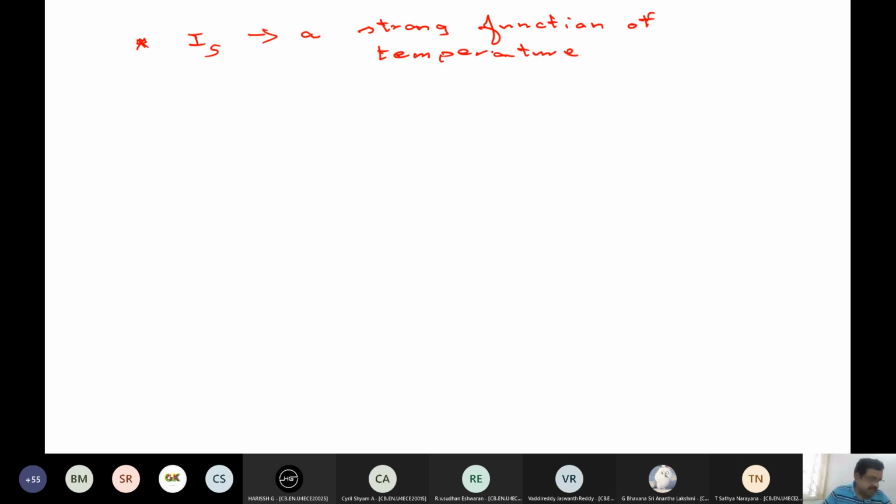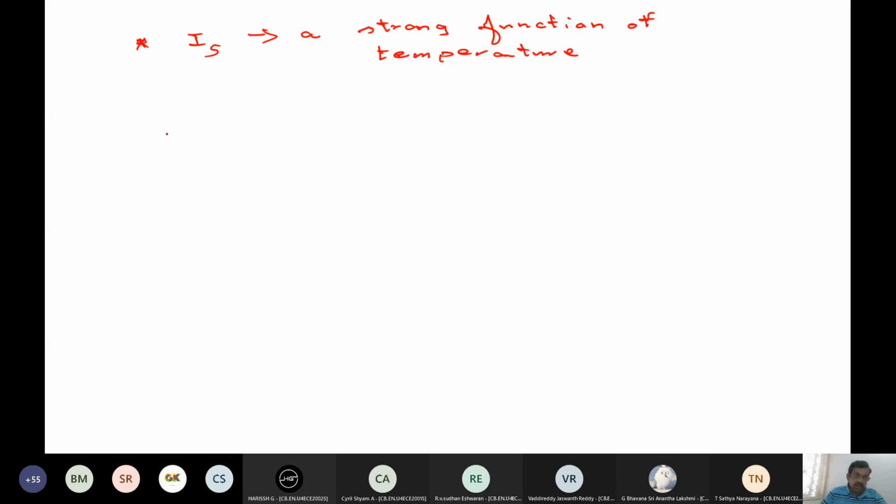So if you look at this IS, minority carriers are generated by thermal, which means IS will be a strong function of temperature. More the minority carriers, more the IS value, because minority carriers are indeed generated by thermal mechanism. Okay, so a strong function of temperature. And under reverse bias, the current is purely due to IS, the drift current of the minority carriers.